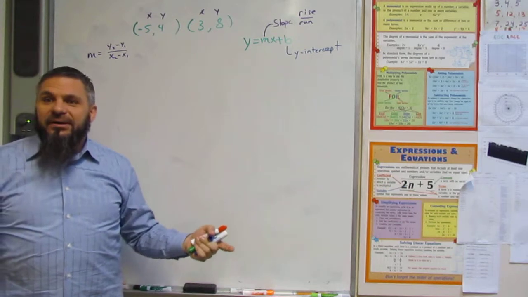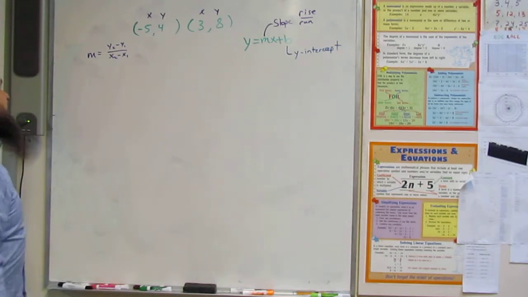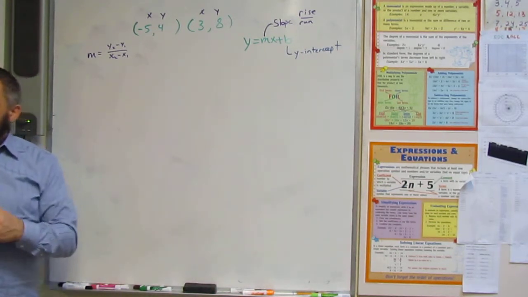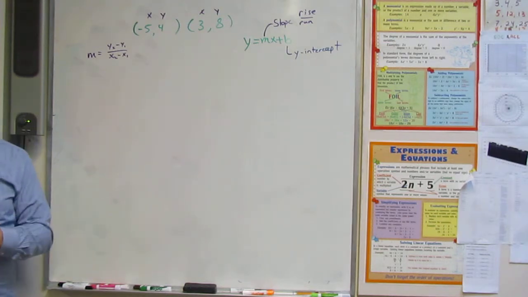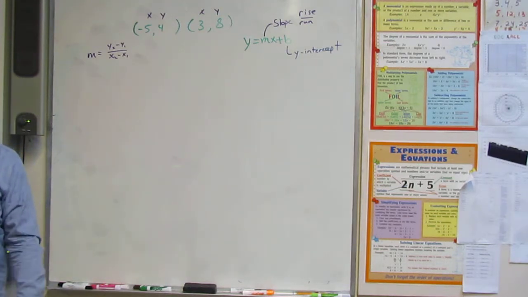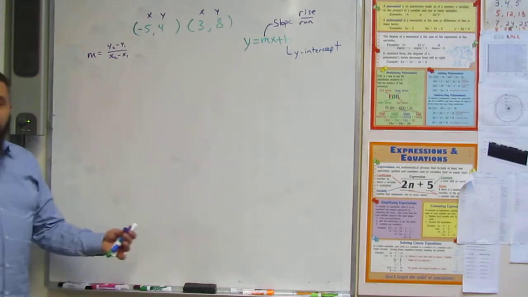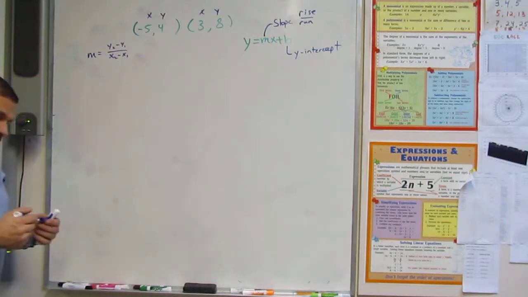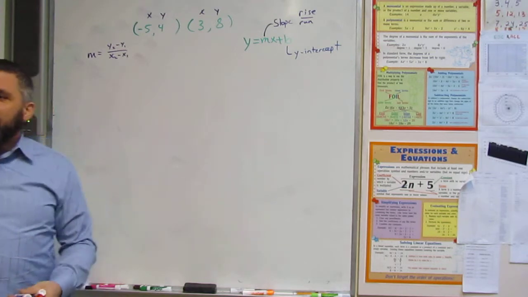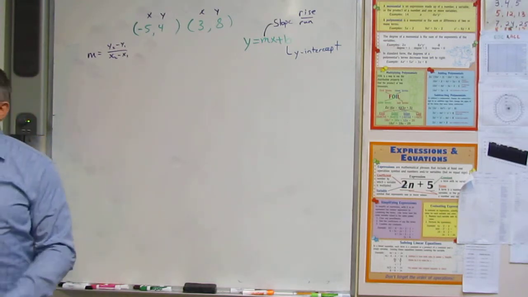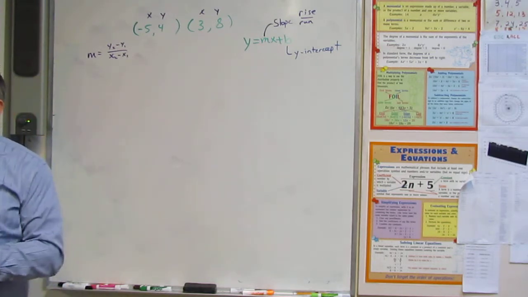It really doesn't matter. Why they have it as y sub 2 minus y sub 1, I don't know. Why not just have y sub 1 minus y sub 2? They both work, so it's a little confusing. It doesn't matter which one goes first, but it does matter that they go in the same order.